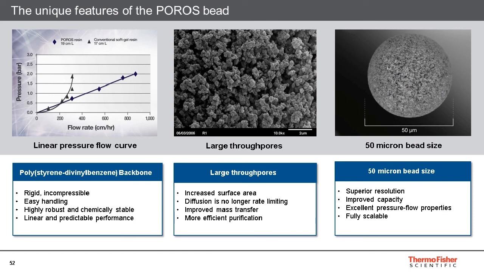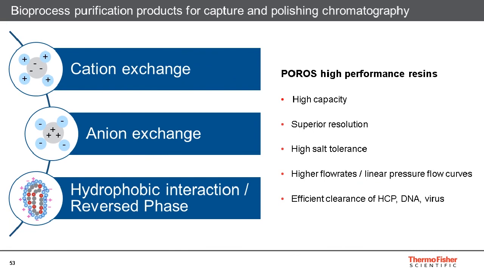It's been around for 20 or 25 years and used in numerous commercial processes, and it has very desirable attributes for virus purification, in as much as there's absolutely immense throughputs that go through the bead, which offer really superior interaction surface for virus particles, would that be in cation exchange mode, anion exchange, or even HIC, and in some affinity application.